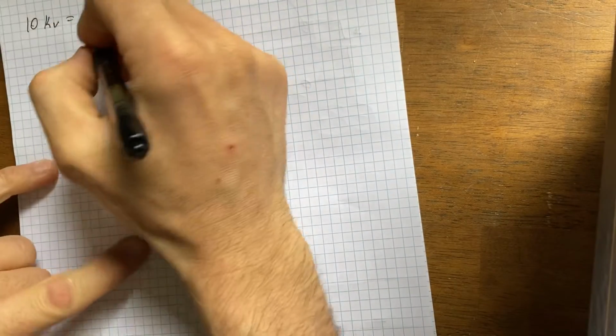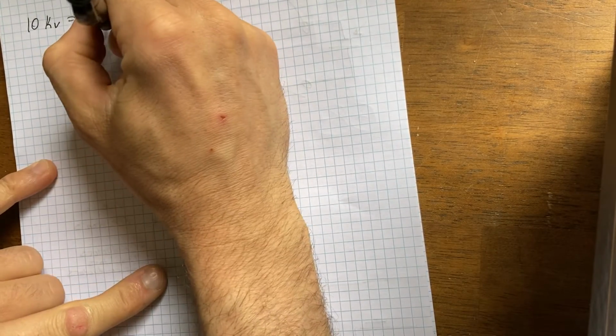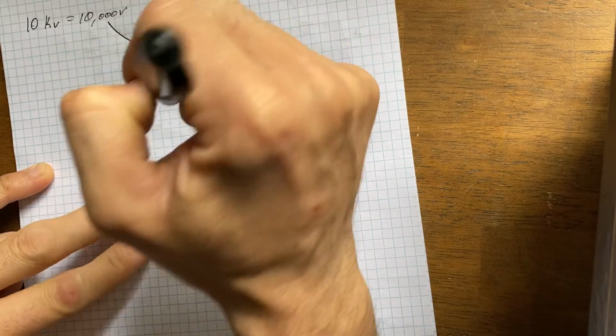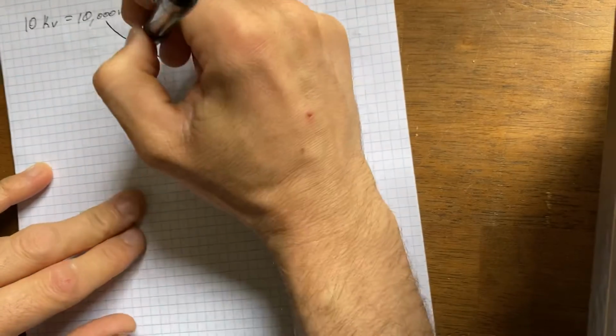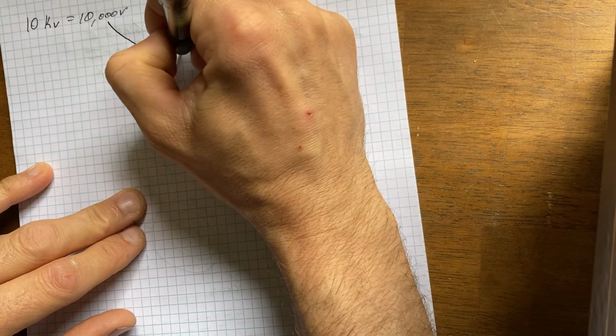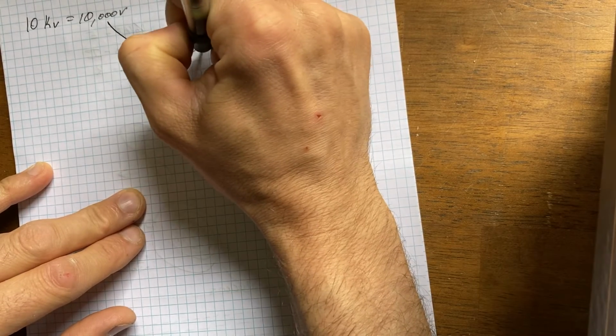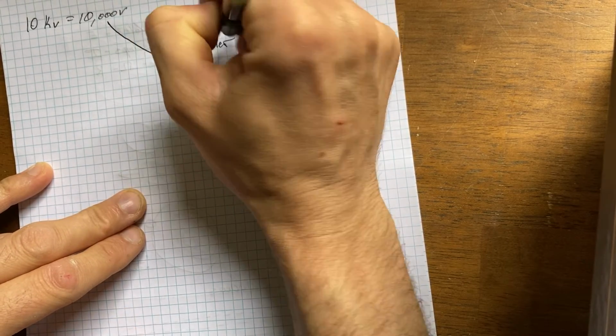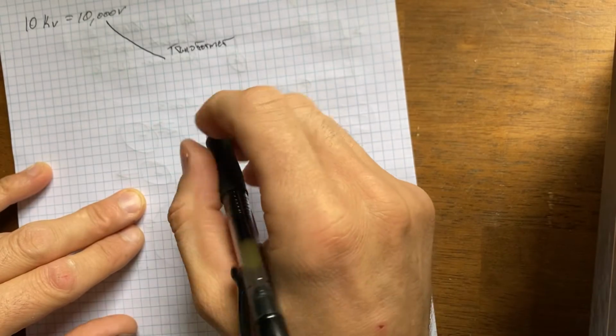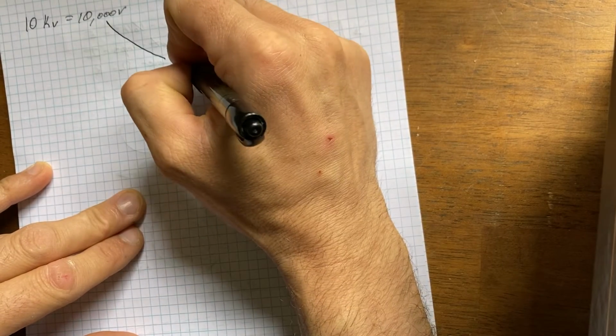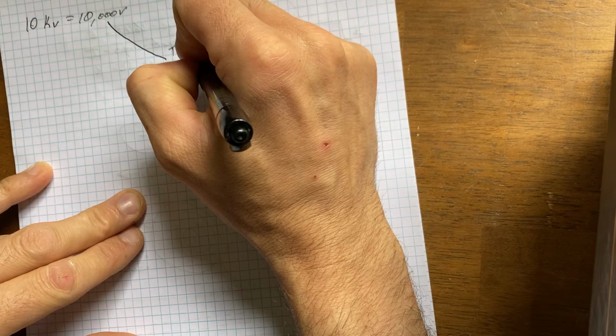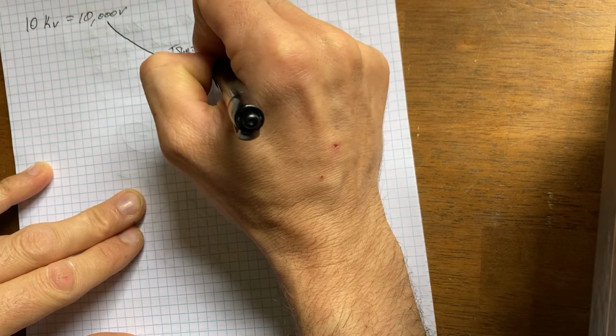But because the higher the voltage, the less amperage, and we'll get into that later, you go to a transformer that will step the voltage up to, say, 115,000 volts, or 115 kV.